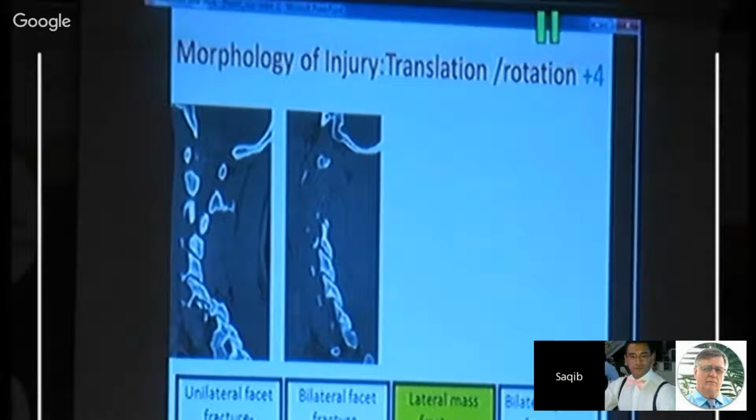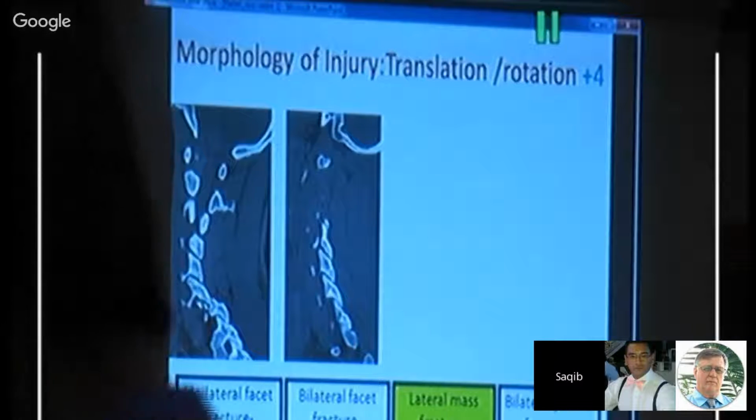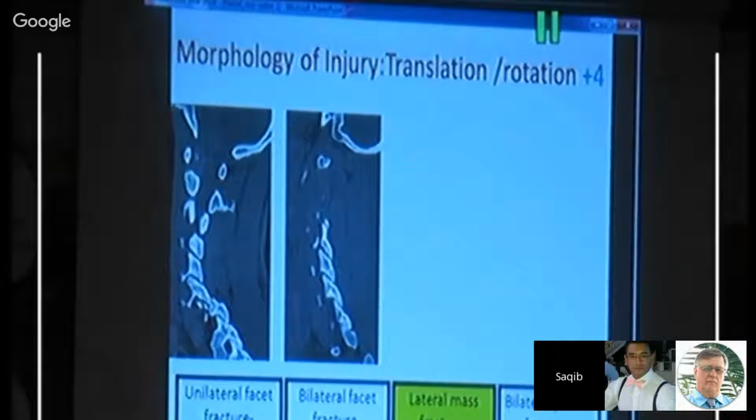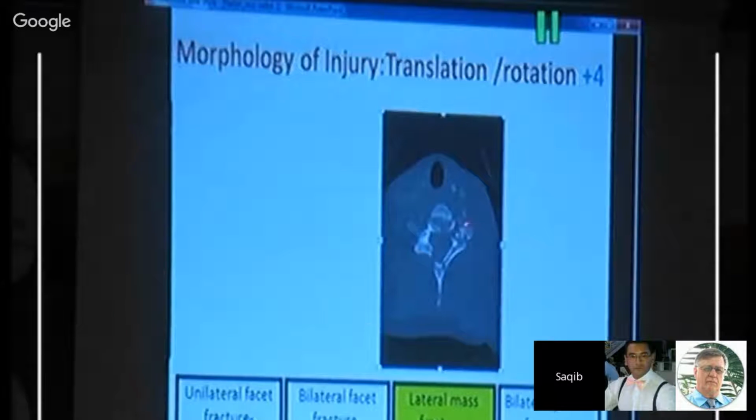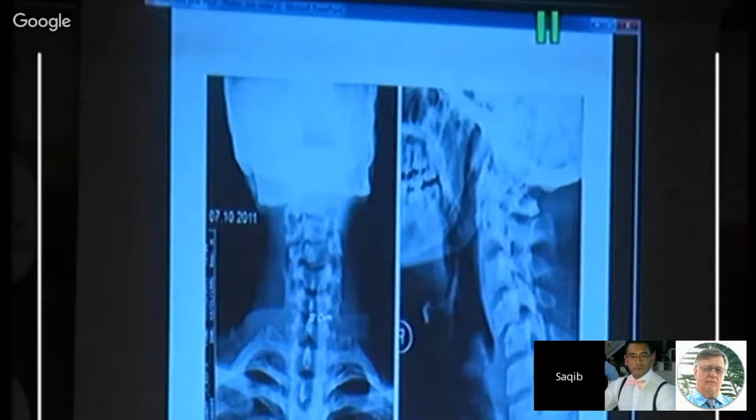In translation rotation injury, we have different components: unilateral facet fracture, bilateral facet fracture. You can see here the facet, dislocation, and the facet on the other side. And this lateral mass fracture separation is also 4 points.